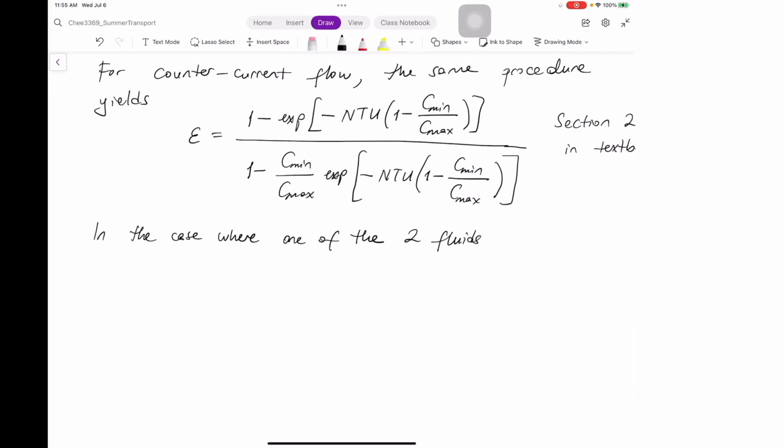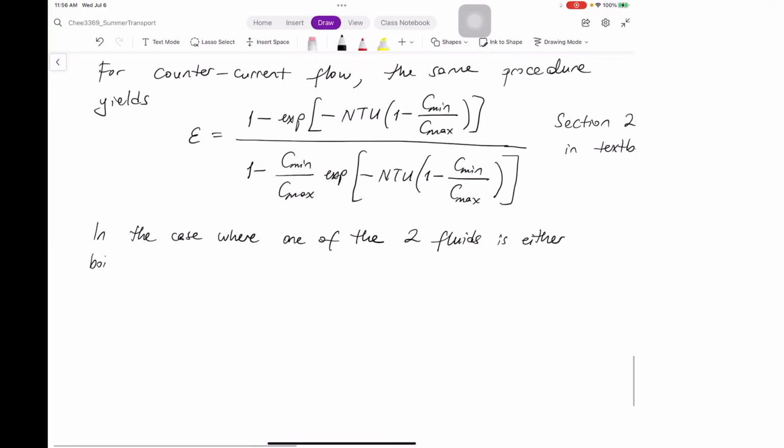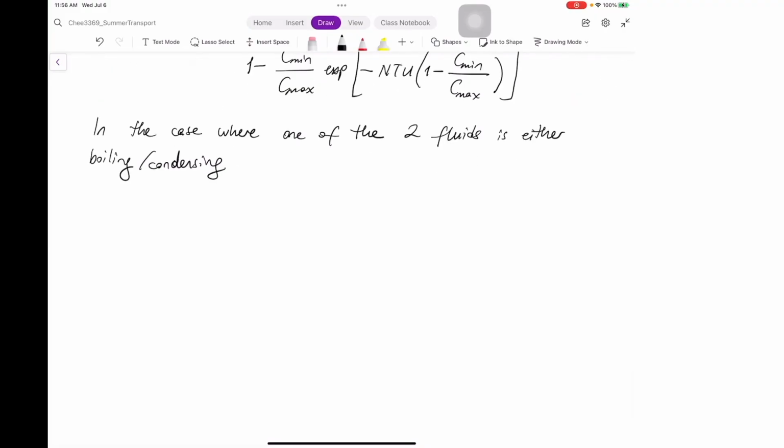Okay, so let's think about the following case. Imagine that one of the fluids is either boiling or condensing, and you already have this equation, m dot_H C_H, T_H1 minus T_H2 is equal to m dot_C C_C, T_C2 minus T_C1.